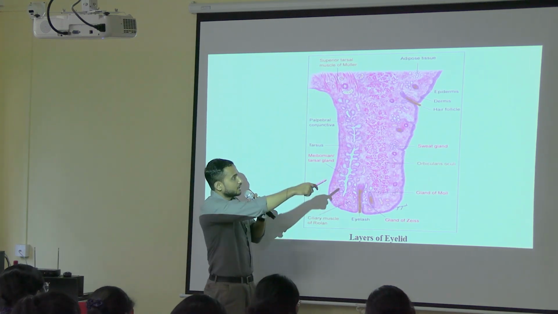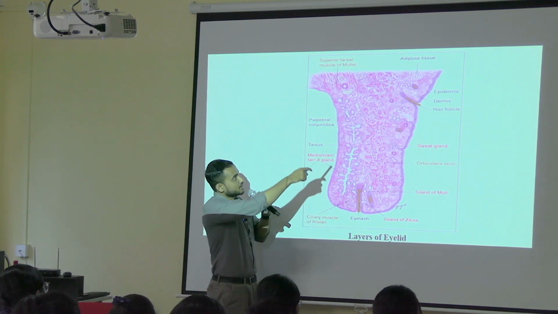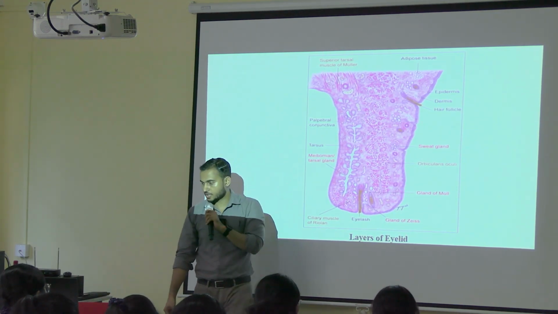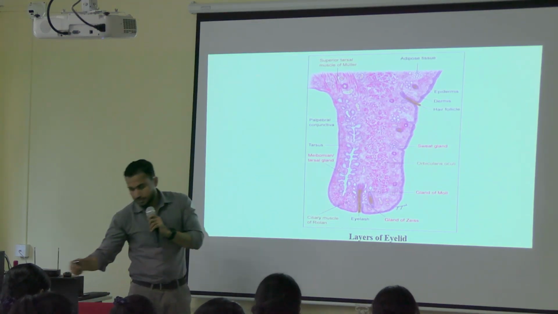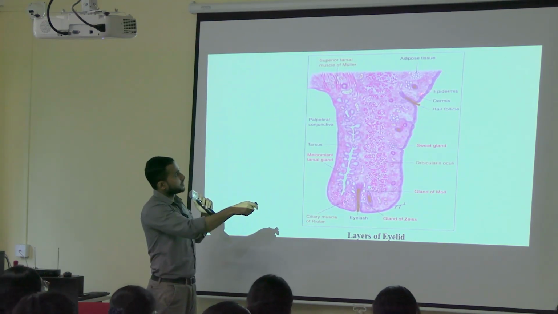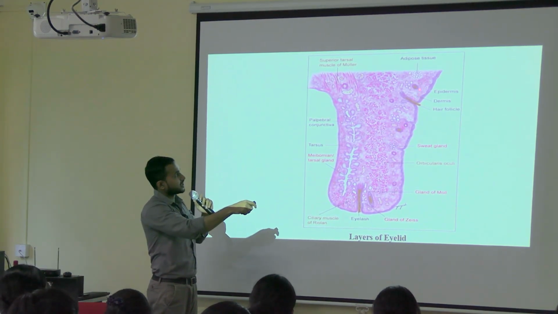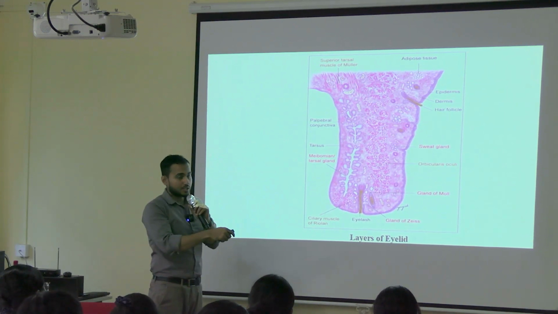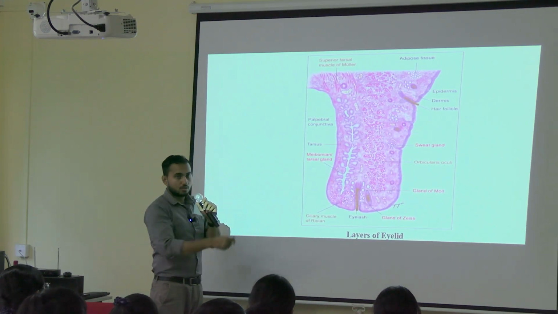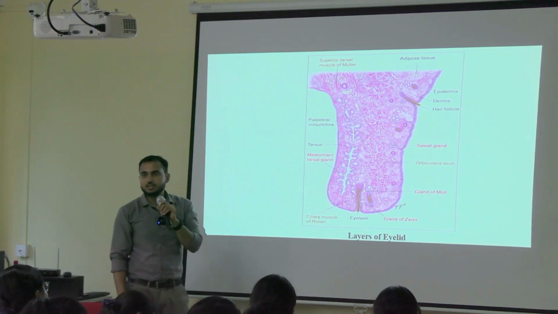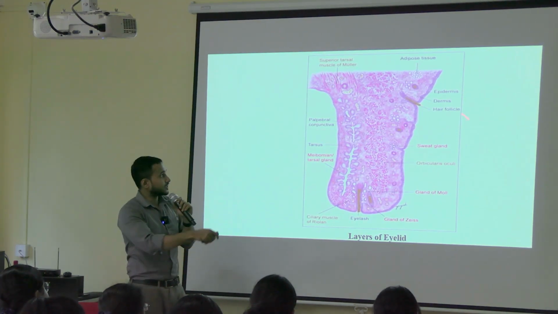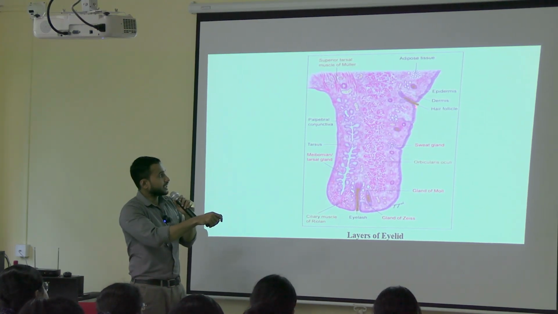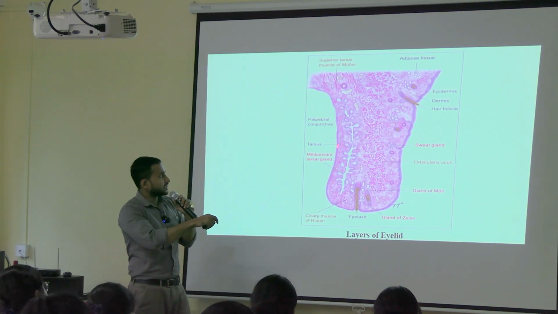You can see the epidermis and dermis; these are parts of the skin. That means this is the outermost layer. Along with that, can you see the hair follicle? Since it is true skin, hair follicles will be present, as you can see. So this will be the outermost layer and this will be the innermost layer.